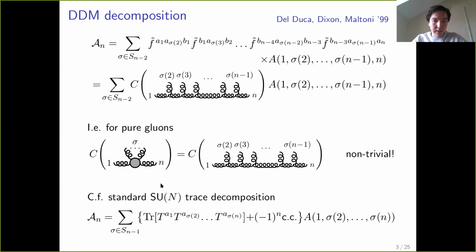This kind of decomposition should be contrasted with the standard cyclically symmetric SU(N) trace decompositions, where the permutation goes over (n-1) factorial, or that could be improved by a half, but not much better otherwise.